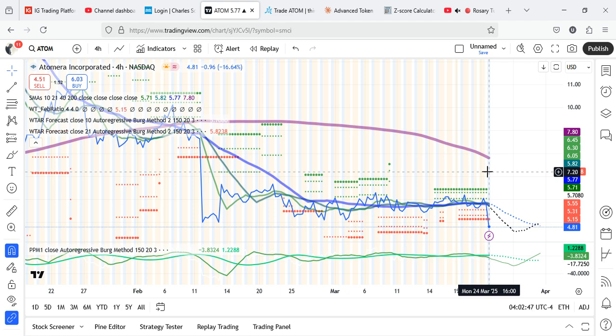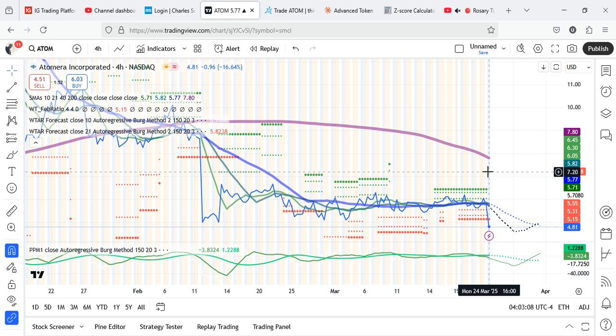Let's have a look. So currently, for $7.2, the 10 period moving average is 5.71. For its 21 period moving average, it is 5.8.